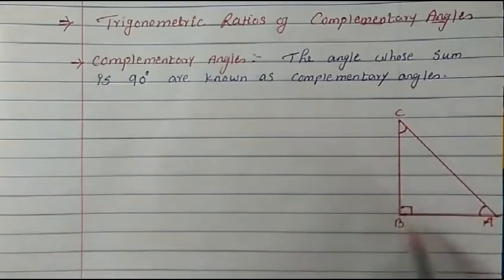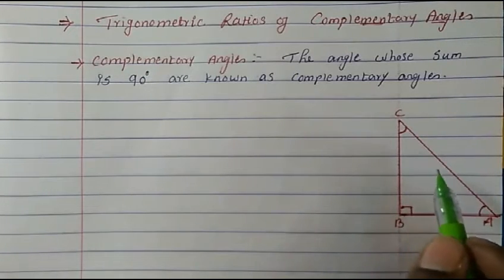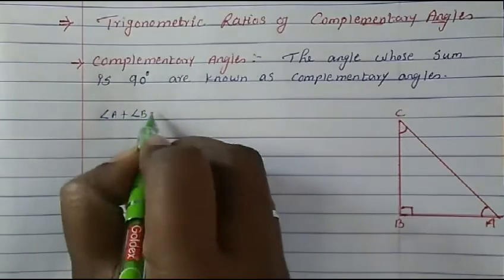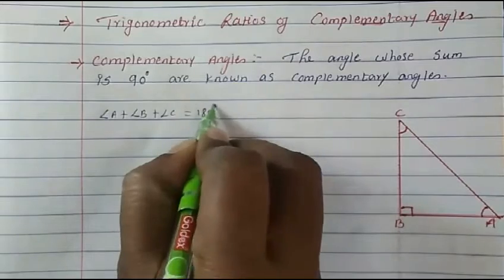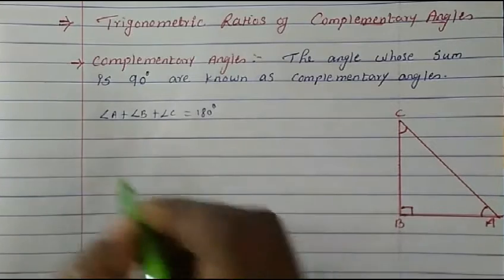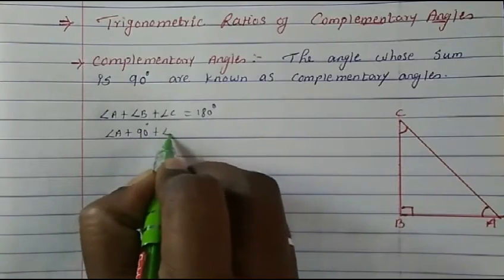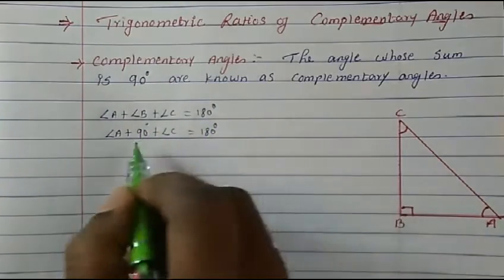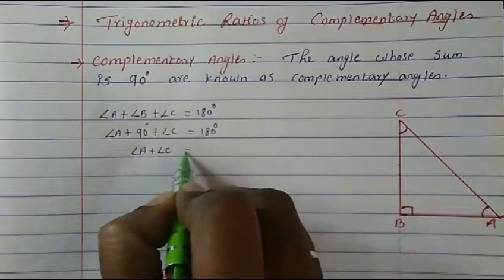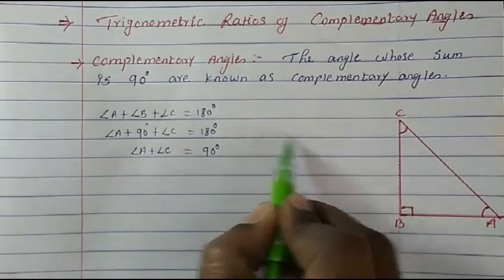Now if you take a right angle triangle, we know that the sum of the angles of the triangle is 180 degrees. So angle A plus angle B plus angle C is 180 degrees. But a right angle triangle means one angle will be 90 degrees. So angle A plus angle B is 90 degrees, then angle C equals 180 degrees. So angle A plus angle C together will be 90 degrees, because this 90 comes here and we get minus, so we get 90.